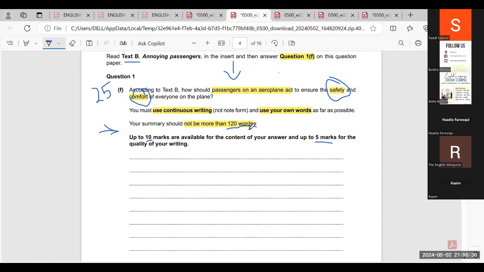We've been taught as examiners as well multiple times, read 120 words and put a slash in front of it, which means that you cannot, under any circumstances, credit any content beyond 120 words. So if any of the content points that you find, you write after 120 words, that will not be considered in your reading mark out of 10. You will not get marks for those points.